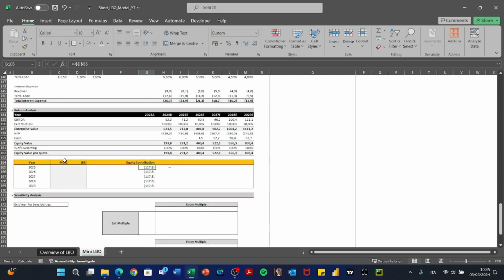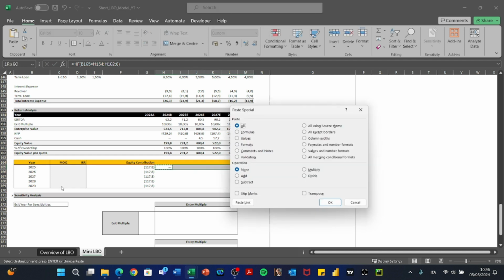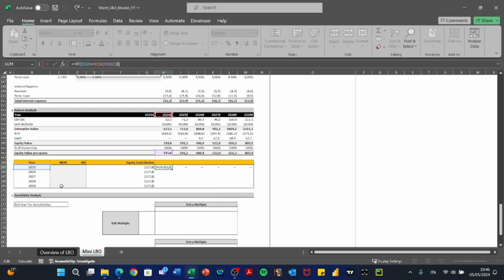I'm now calculating the MOIC and the internal rate of return, which are the two main indicators for analyzing the LBO. Okay, I have to lock the column and I have to lock here the row and the same here with the row.